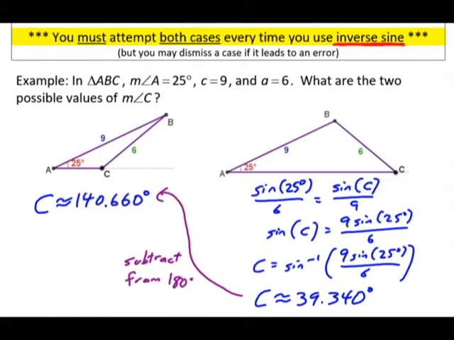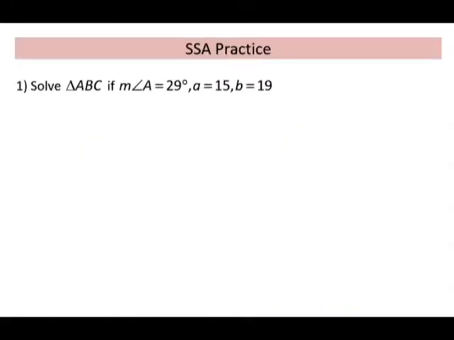Let's look at a full example. We'll start with the sketch. My preference is to put the given angle at the bottom left. I have its opposite side as 15. I'm going to draw this two different ways.